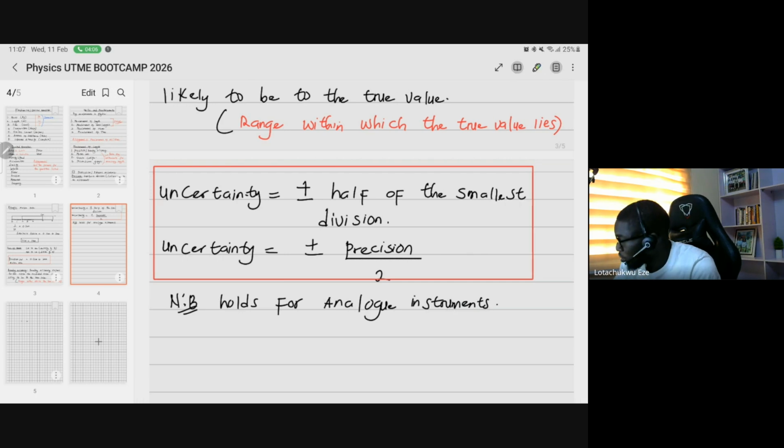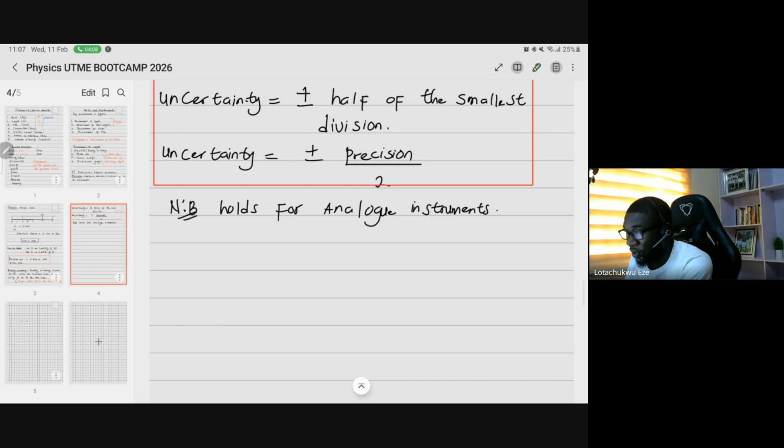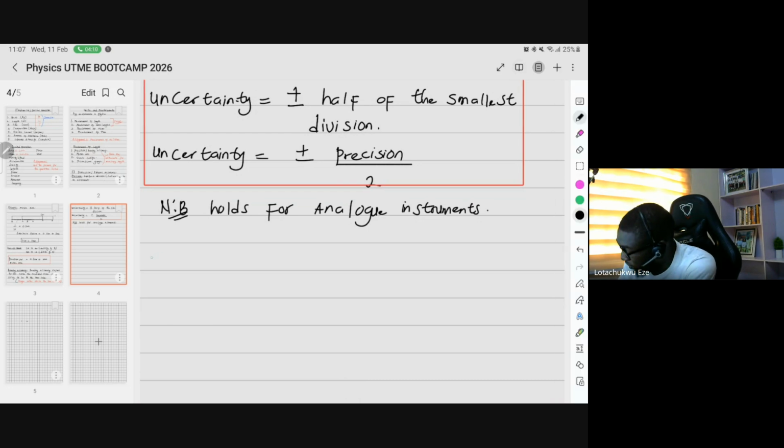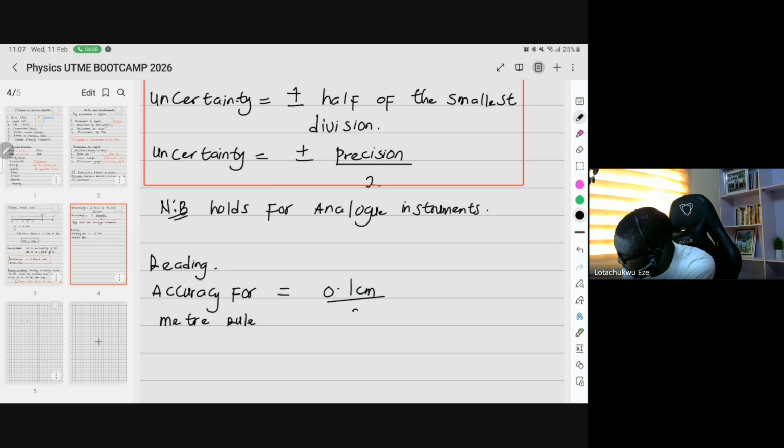So the reading accuracy for the meter rule will now be equal to what? 0.1 centimeter divided by 2.